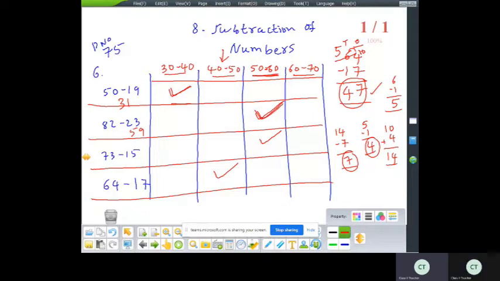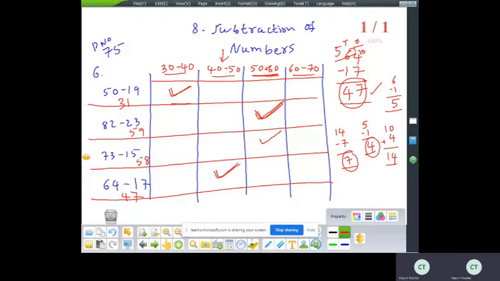Now 73 minus 15 is 58. Our answer lies in between 50 and 60. Now finally 64 minus 17 is 47. Our answer lies in between 40 and 50.